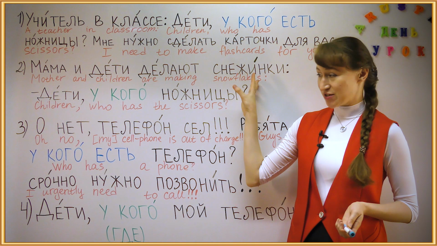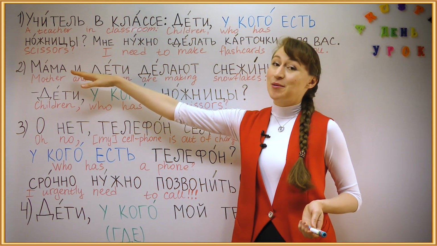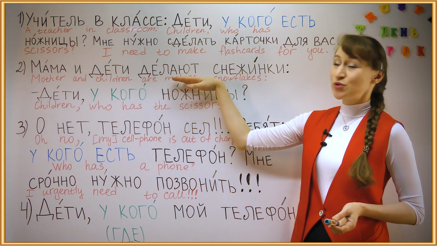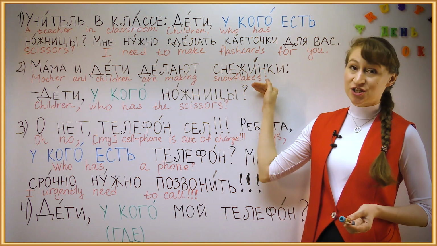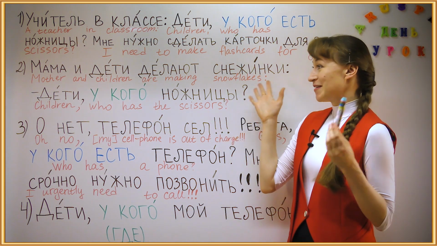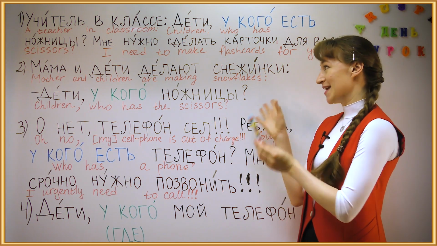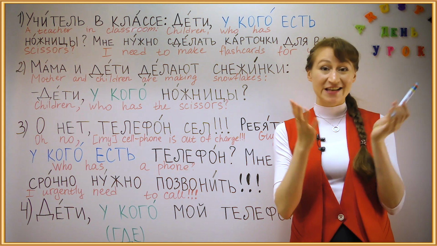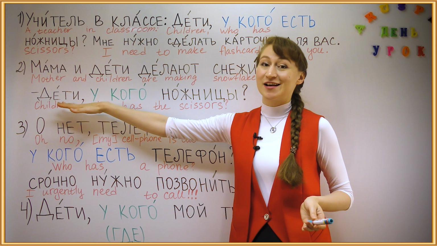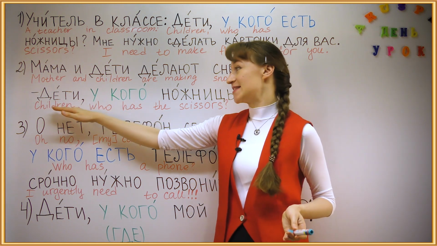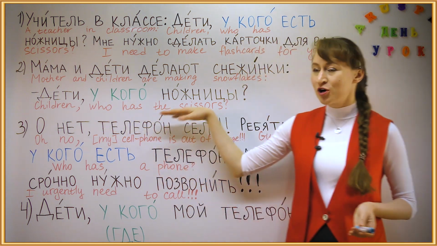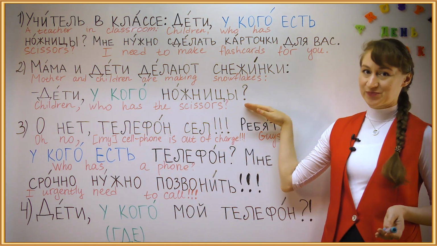A different situation. Мама и дети делают снежинки. So, mother and children are making snowflakes out of paper. And мама говорит, the mother says, дети, у кого ножницы?